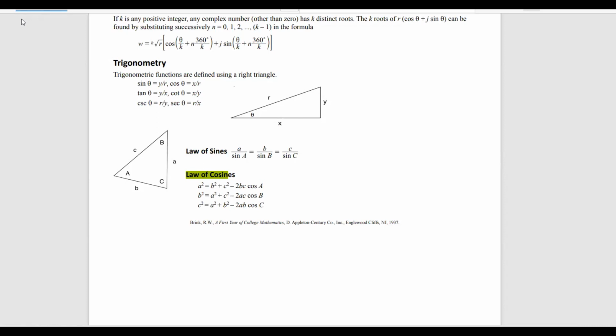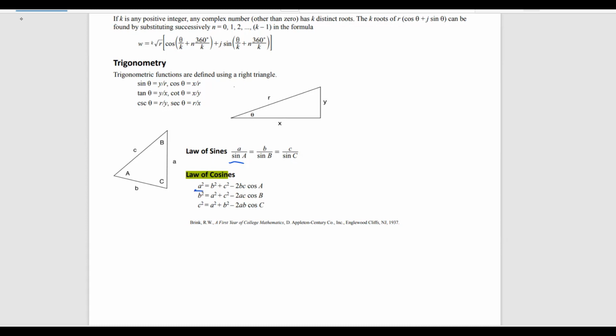Perfect. In order to use law of sines, I need the distance and the opposite angles. For cosines, I have to find a distance. So I'm going to use cosine because I have to calculate a distance.